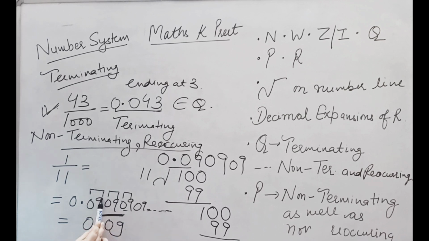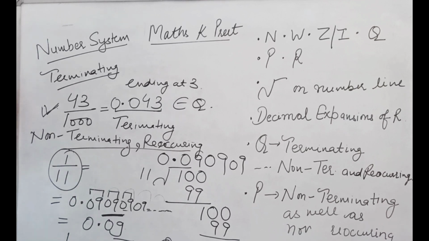Reoccurring means some digits are repeating again endlessly. So reoccurring means repeating and non-terminating means never ending. This number satisfies both conditions. So 1 by 11, that is equal to 0.09 bar, belongs to rationals.